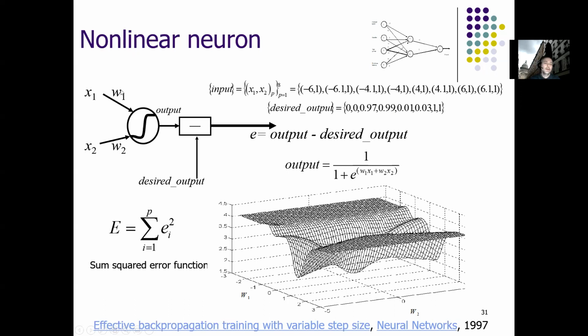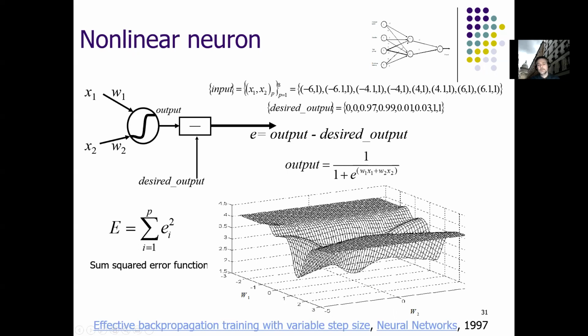So by changing the values of W1 and W2 in these intervals and calculating all the errors, you get an error surface like this one. What we can see here is that there is a global minimum. There are values for the weights, actually very close to 0, at this point here where the error gets the minimum value.